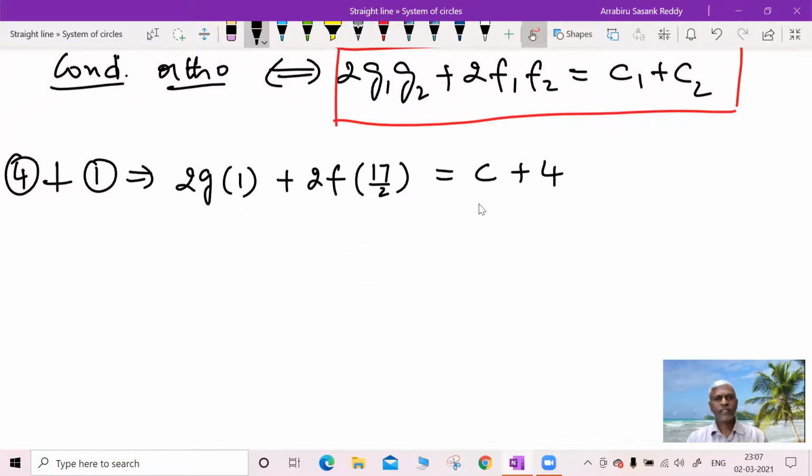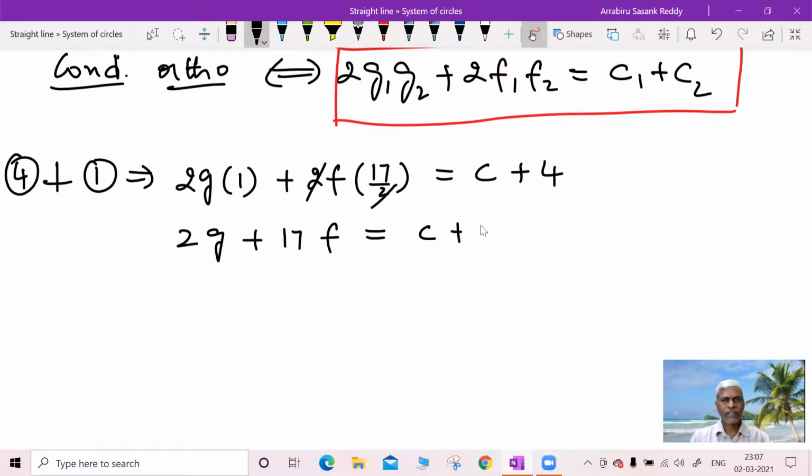So 1, 17/2, 4 are first equation GFC values. So this is 2G, 2 will get cancelled, plus 17F is equal to C plus 4. Let us call it as equation 5.